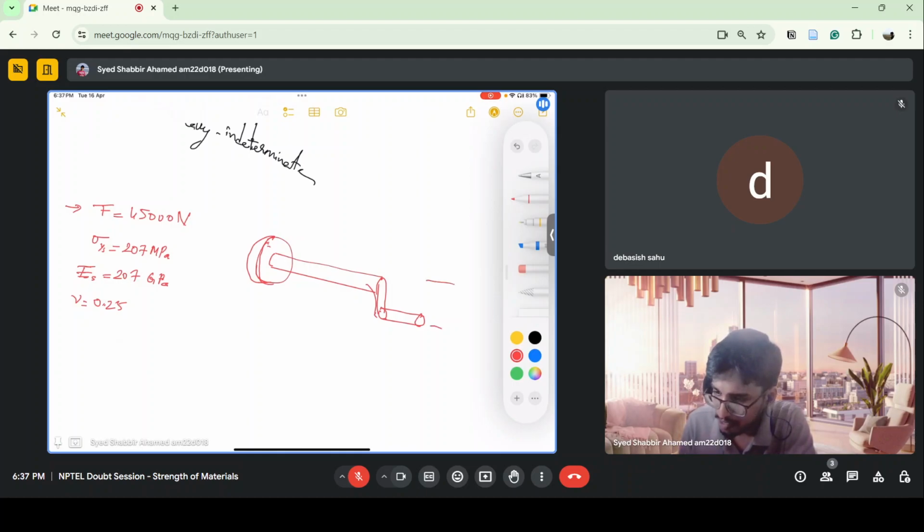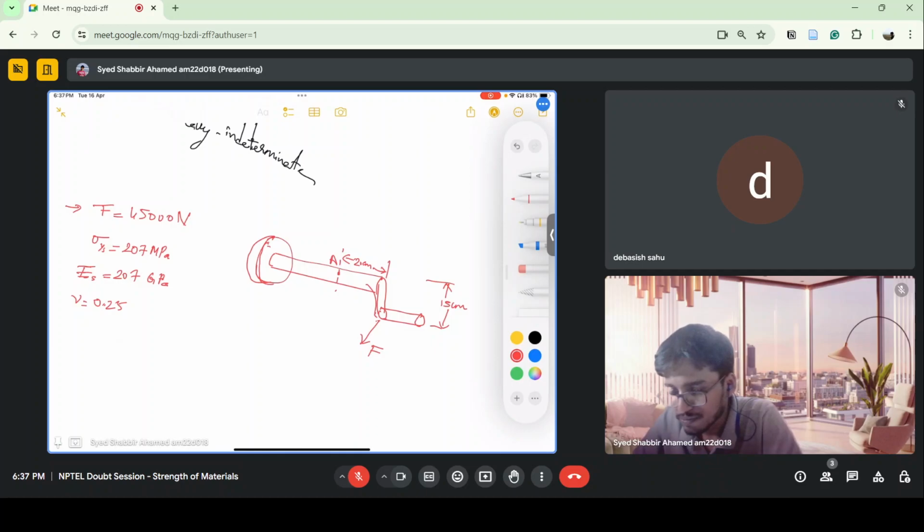This distance is 15 centimeters, and this is the force which we have to apply to rotate this shaft, given as 45,000 newtons. And we take a point or section A, which is at a distance of 20 centimeters from the free end of the shaft.